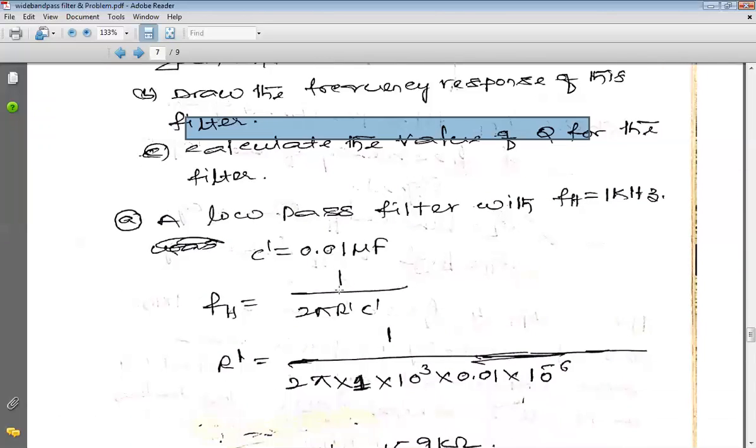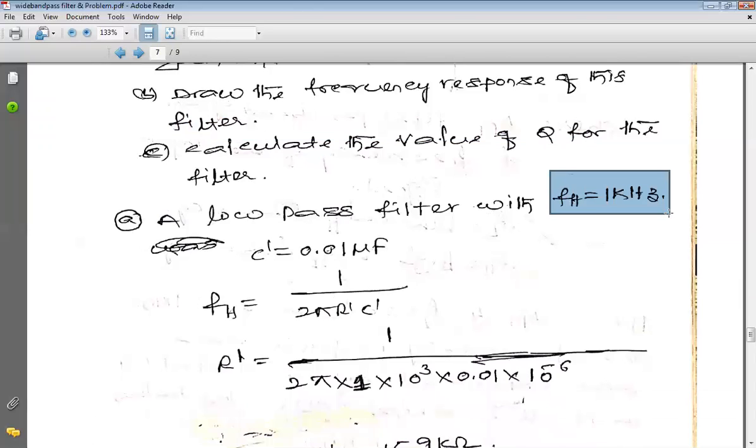In the low pass filter section, the higher cutoff frequency given in the problem is fH equal to 1 kilohertz, and I am assuming here again C dash is 0.01 microfarad.